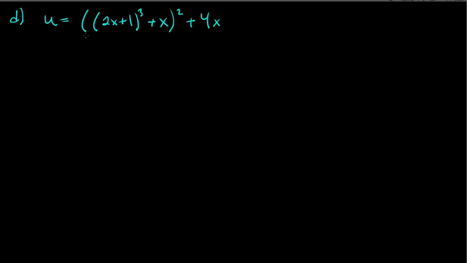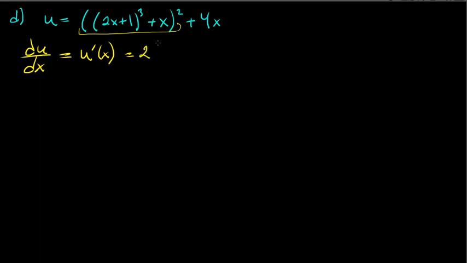Okay, so one option is to multiply all this out. I wouldn't. I would just take the derivative, or u prime of x. First of all, it's a sum, so we just need the sum rule, right? It's the derivative of the first plus the derivative of the second. Now, what's the derivative of this? Well, it's to the power 2.